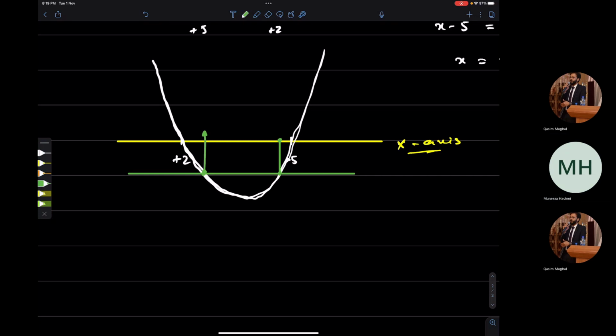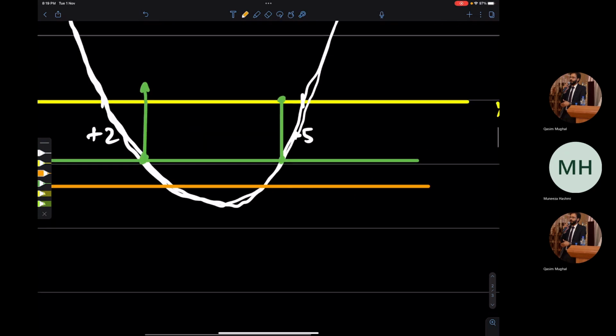So let's say we draw another line here. This time I'm going to draw an orange line. Let's say I've got another orange line, which is again less than 0, meaning it's below the x-axis. As you can clearly see, y is below the x-axis, this orange line.